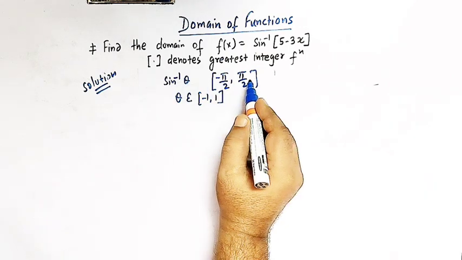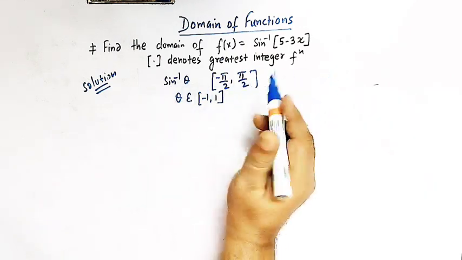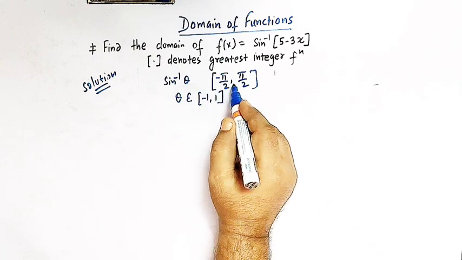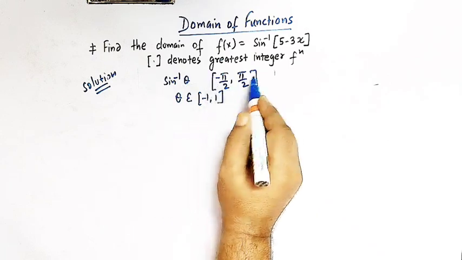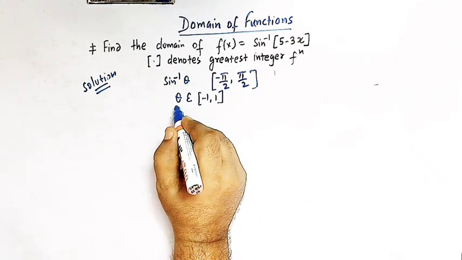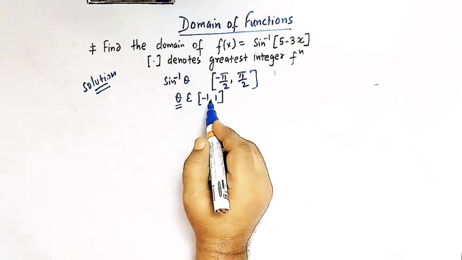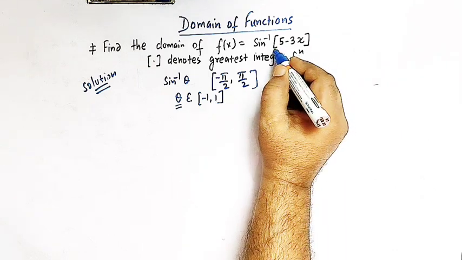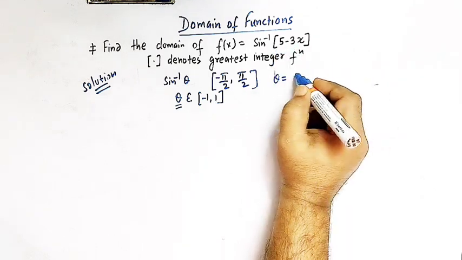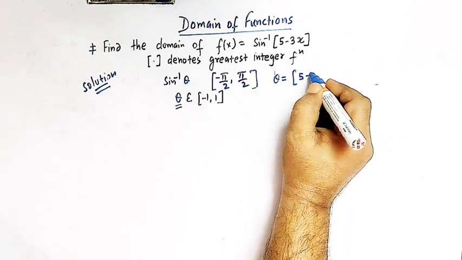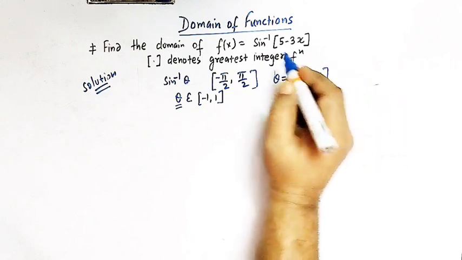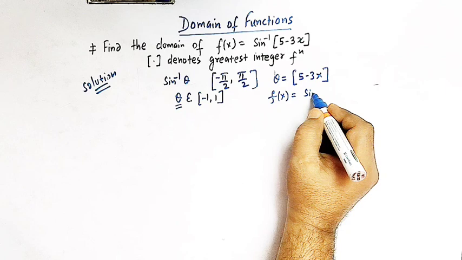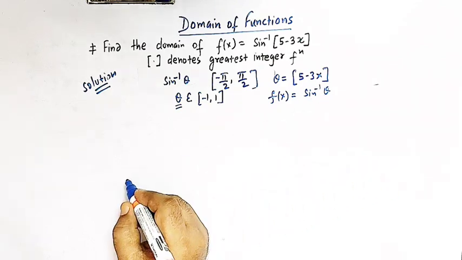So we know that the principal value branch of sine inverse theta is minus pi by 2 to pi by 2, and this is a closed interval for all values of theta belonging to the interval minus 1 to 1. So here if we take theta as greatest integer of 5 minus 3x, then this function f of x is equal to sine inverse theta, right?